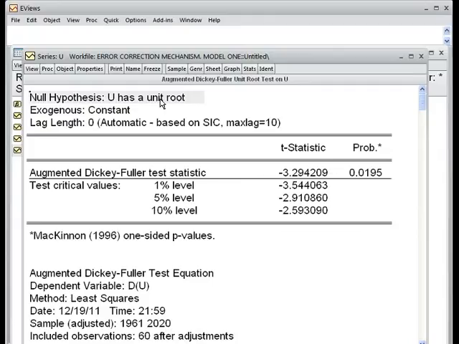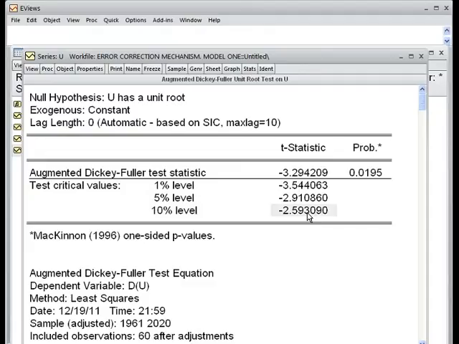That means U does not have any unit root. Okay, and what is our augmented Dickey-Fuller statistic? Minus 3.29, right? That is the test statistic. And what is the critical value? At 1%, 3.54, 5%, 2.91, 10%, 2.59.